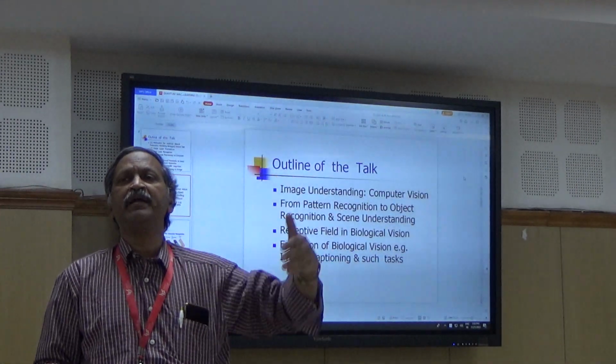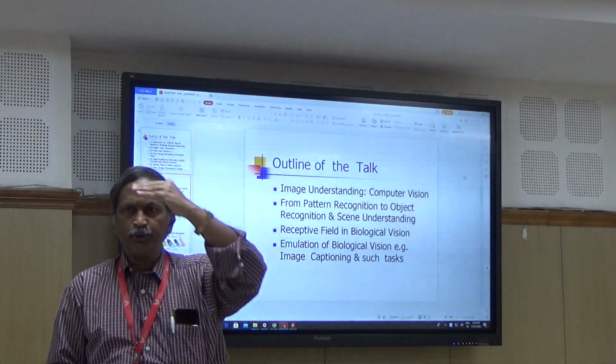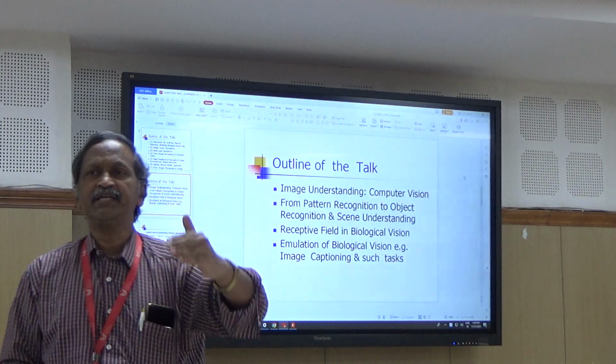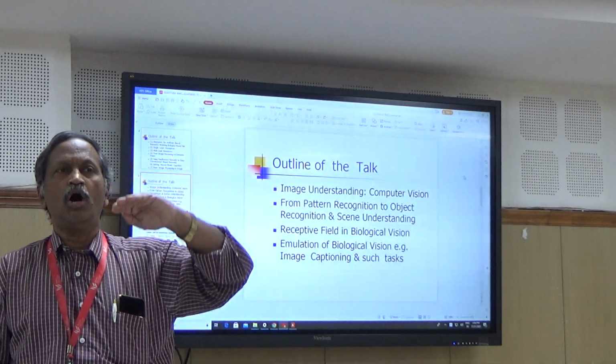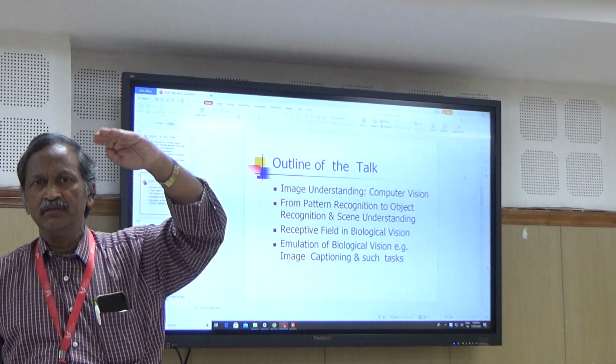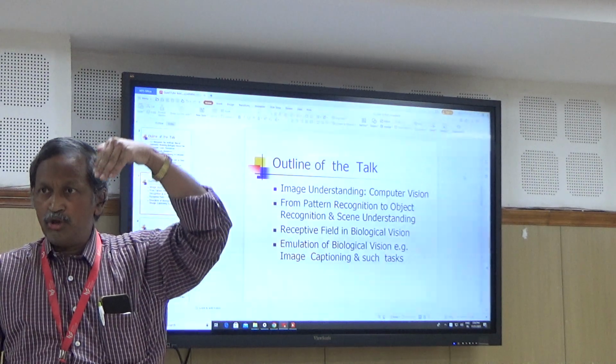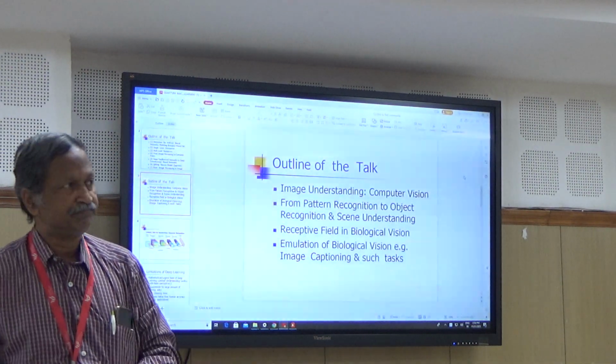Then it became segmentation. Actually, you take an image and you do thresholding. What is image thresholding? All the pixels with values above some number belong in one image. Those values below that belong in another image.